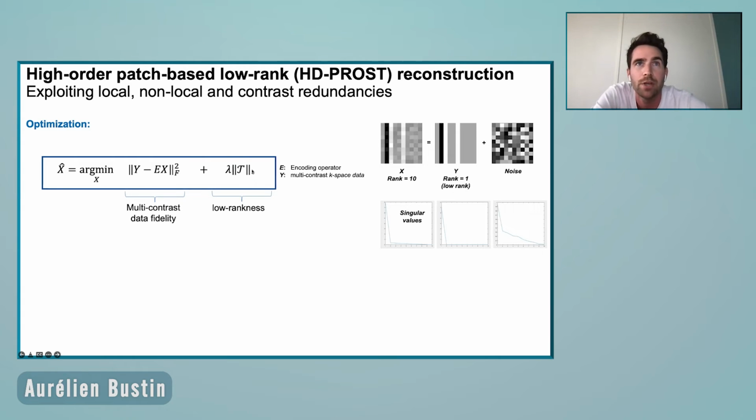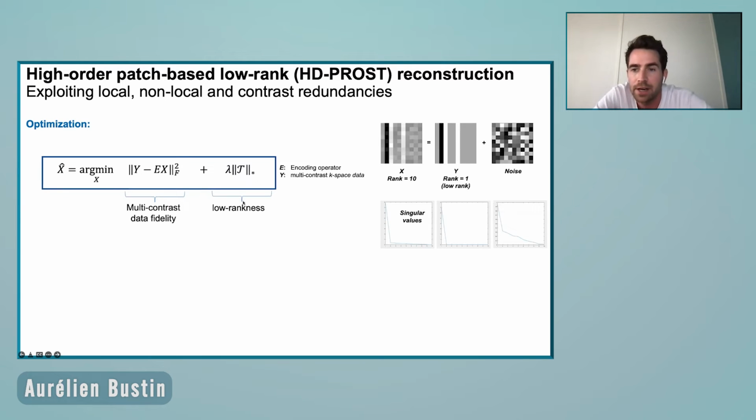And that's the norm I'm showing you here, which is usually represented with this little star here. The nuclear norm of whatever matrix or tensor you put there is defined as the sum of the singular values. So it's a real surrogate for the rank function.